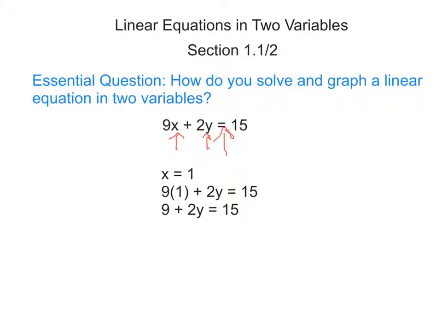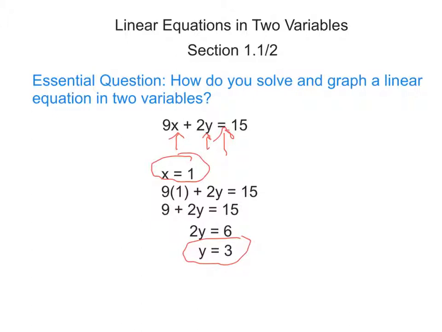So therefore, 2y would have to equal 6. If 2y equals 6, what is y going to equal? So y must equal 3. So a possible solution for this equation would be x equals 1 and y equals 3.